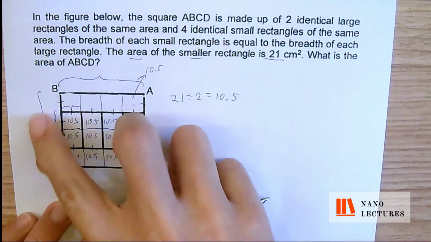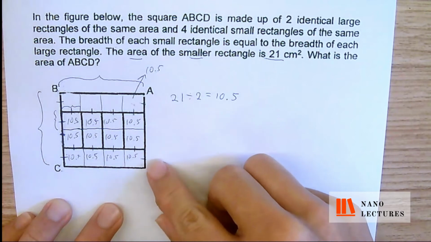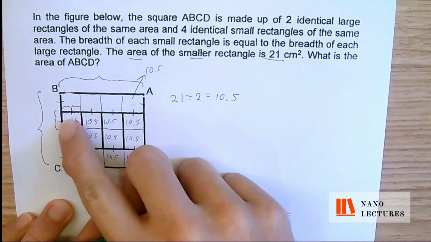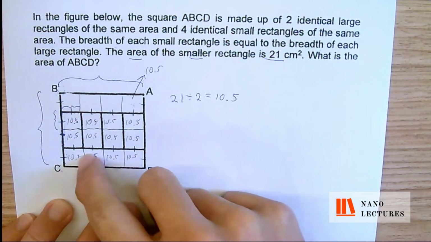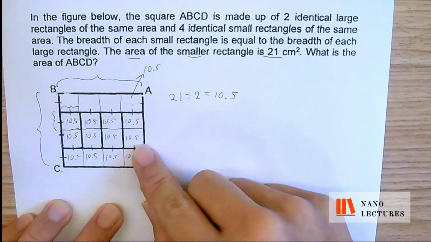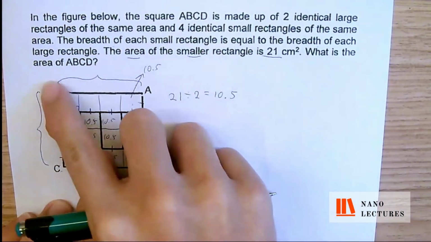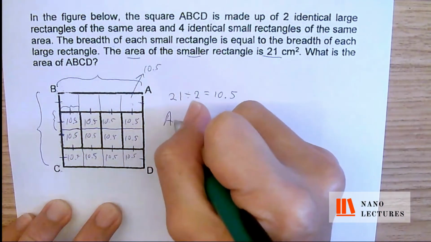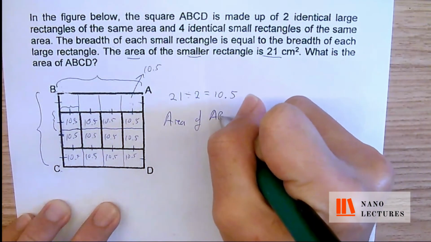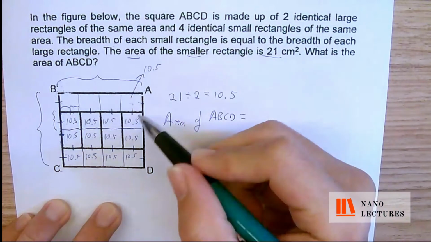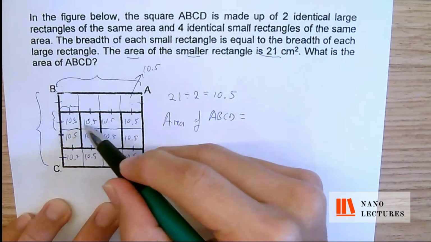Now that we have figured this portion out, all these are actually quite logical. You have to do breadth and breadth comparison, and then you have to cut them out into different squares. With this it will be super easy, because they ask what is the area of ABCD. Now, the area of ABCD will just be how many sets of 10.5 there are.